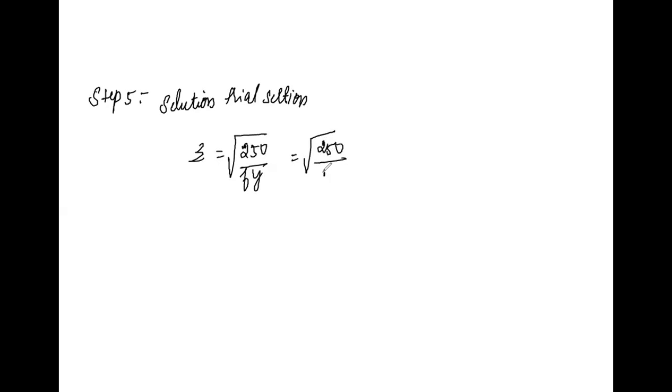The value of Fy is 250, so Fy gets cancelled and the value is 1. Keep this value.